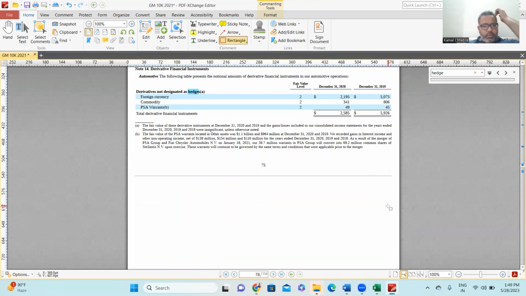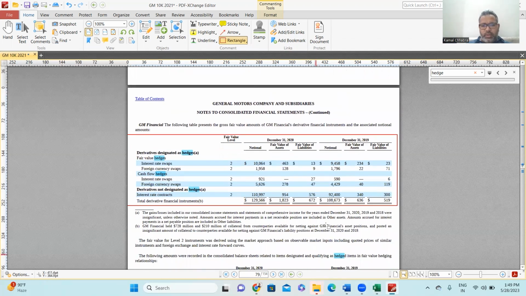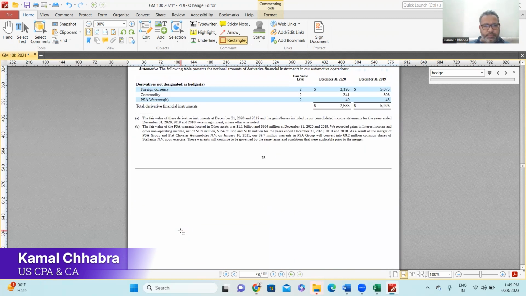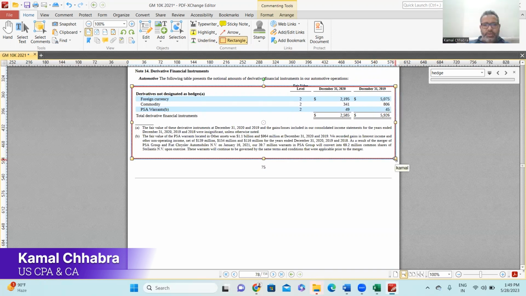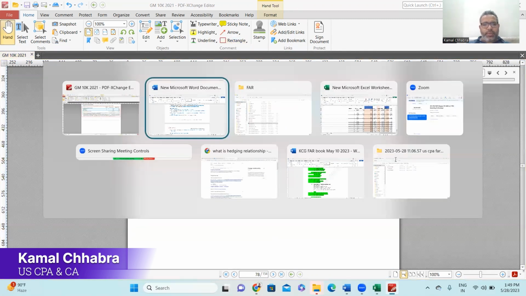Derivative financial instrument, foreign currency, commodity, the same thing which we were discussing. There was also a disclosure mentioned, not designated as hedges, which we also need to disclose; it is given just above. Yes, not designated as hedges. Right? So these are the kinds of disclosures you need to make.